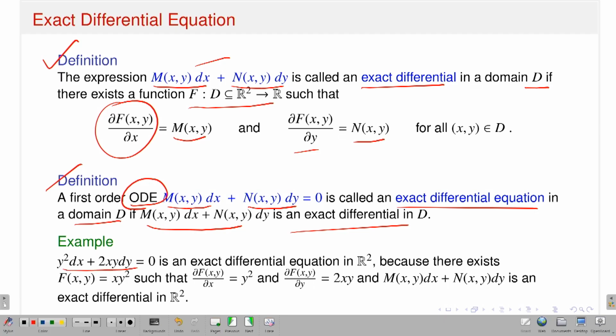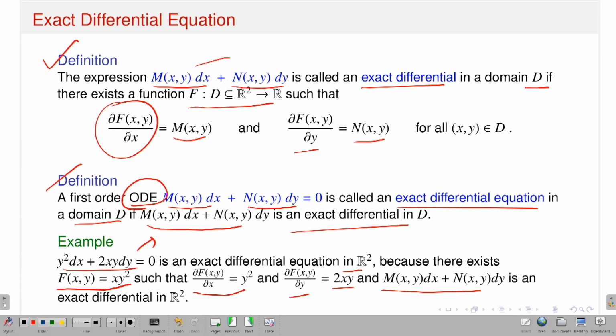Suppose this is the first order ordinary differential equation: y square dx plus 2xy dy is equal to 0, which is an exact differential equation on R2. Why? Because if I consider the function capital F(x,y) equal to x y square, then you can easily calculate that y square is nothing but del f del x and 2xy is nothing but del f del y. So therefore this is an exact differential, and so this differential equation is an exact differential equation.